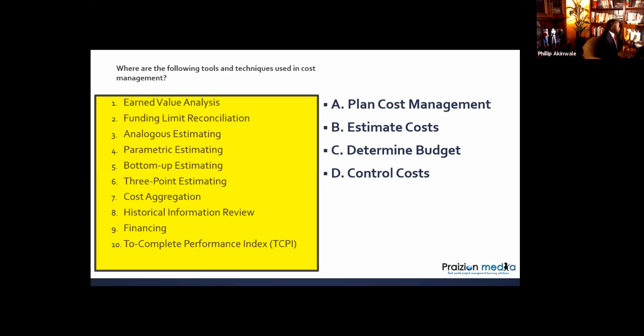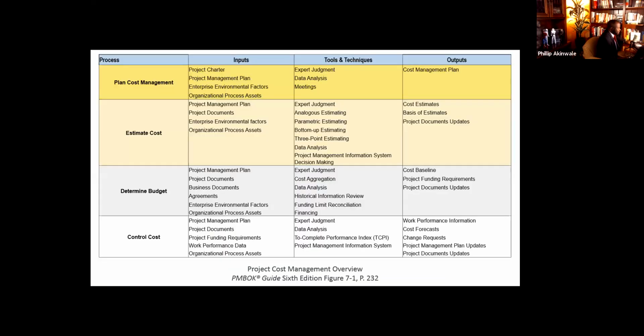So you guys know the drill. What I typically do at this point is jump into stuff that I want you guys to play with. And I usually give you some time to explore your PMBOK guide. So that page 232, if you want to take a look at page 232, that's cool. Or if you want to take a look at the screen right here, that's also cool. But do you have any questions about any of the tools, techniques, inputs, or outputs before I ask you the questions?